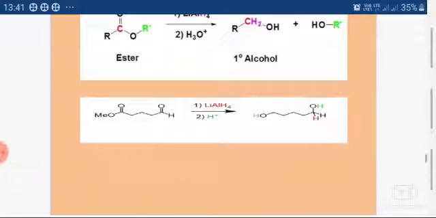In the next reaction, when we are talking about the selectivity of lithium aluminum hydride, lithium aluminum hydride can reduce any functional group of organic chemistry.